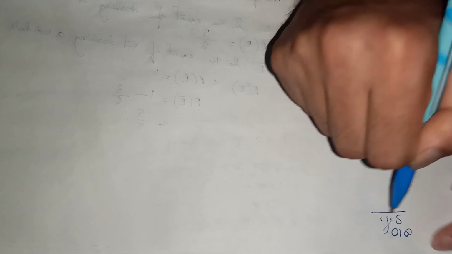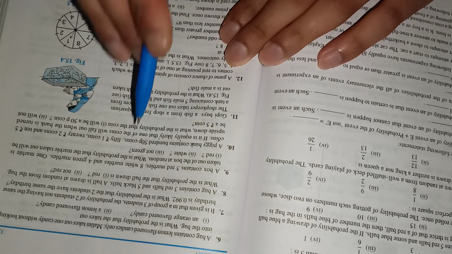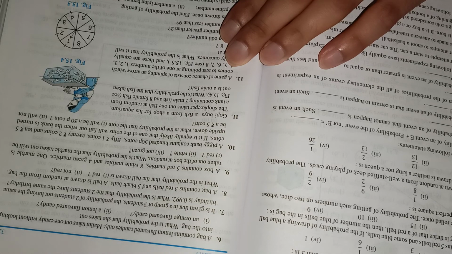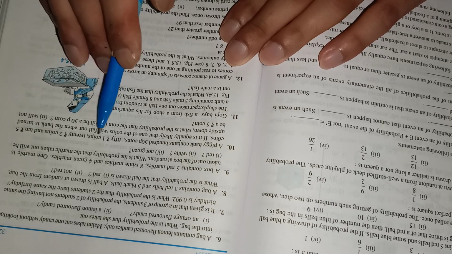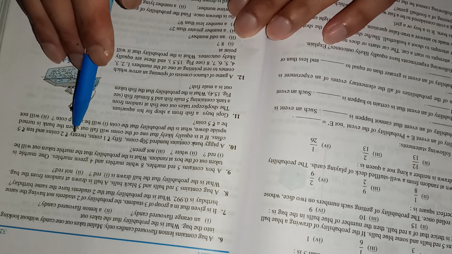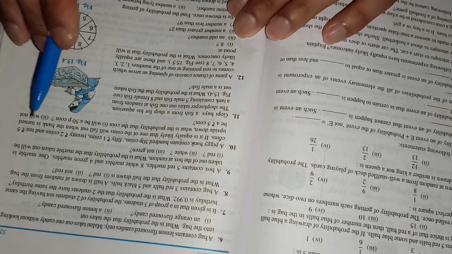Question number 10. Let us see the question together. A piggy bank contains 150 50 paise coins. So the number of 50 paise coins is 100. 50 rupees 1 coins. So the number of rupees 1 coins is 50. 20 rupees 2 coins. The number of rupees 2 coins is 20.